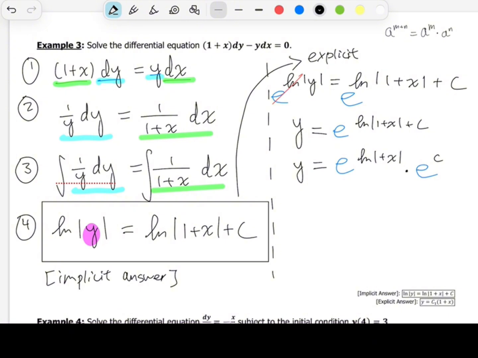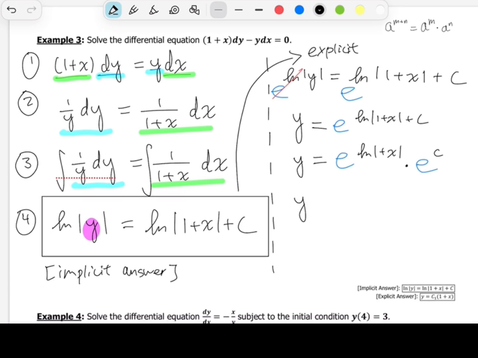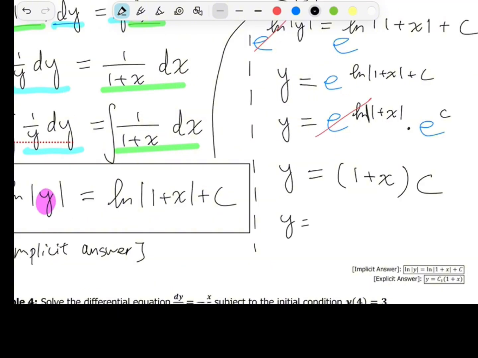So you can really just call this c. Y equals, this goes away, 1 plus x, and we're going to call this c. And this is our explicit answer.